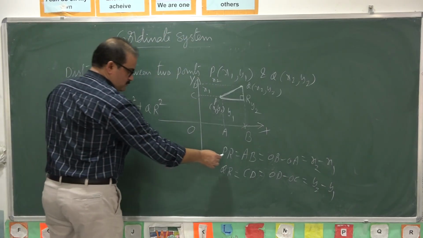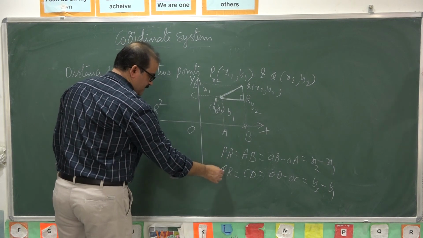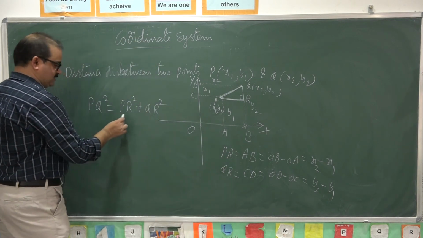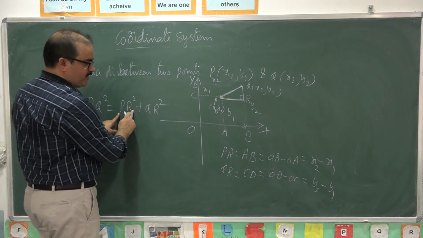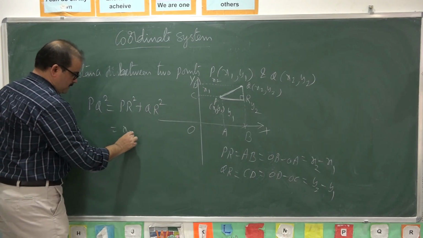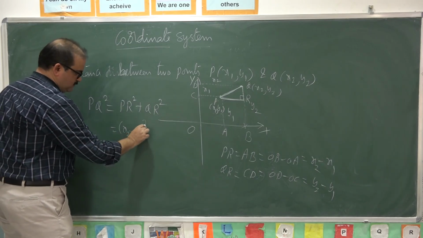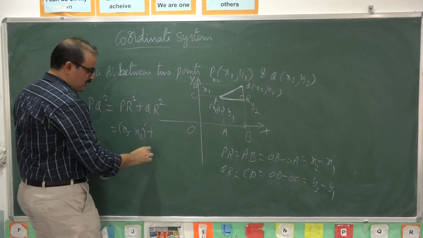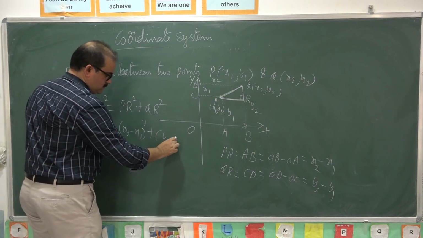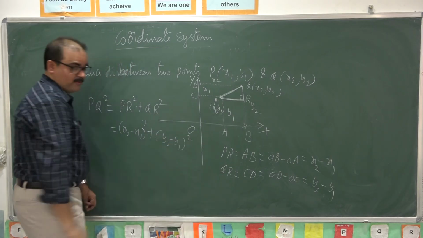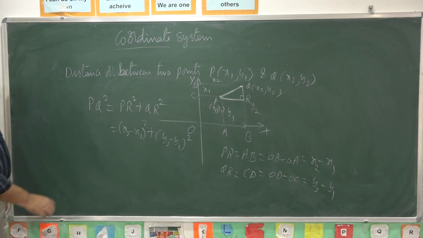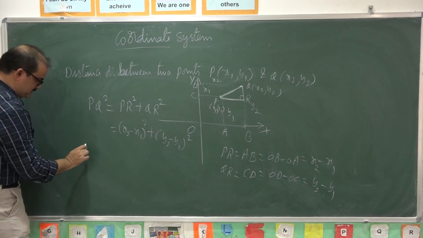Now you substitute PR and QR in this equation. PR square, X2 minus X1 whole square, plus QR square, Y2 minus Y1 whole square. PQ square is equal to this.